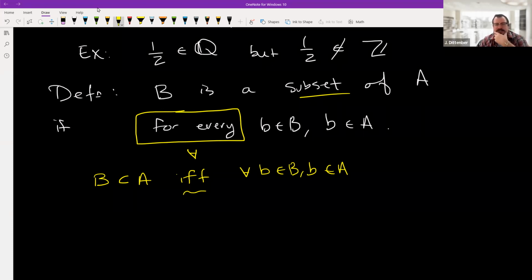Now there's such a thing as a proper subset and an improper subset. And honestly, I don't usually use that much, so I have to remember which one is which. But that means that one of them can be equal to the set and one of them cannot be equal to the set. So let me just remind myself. Proper subset.